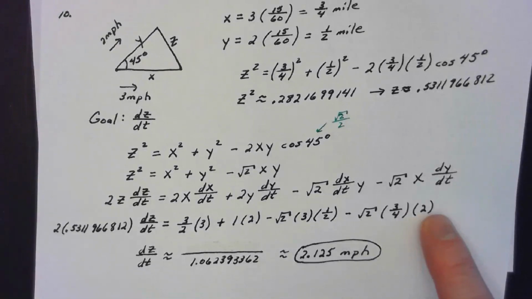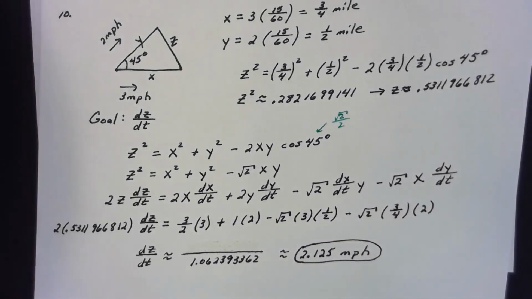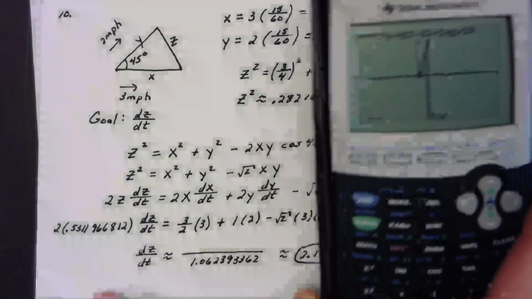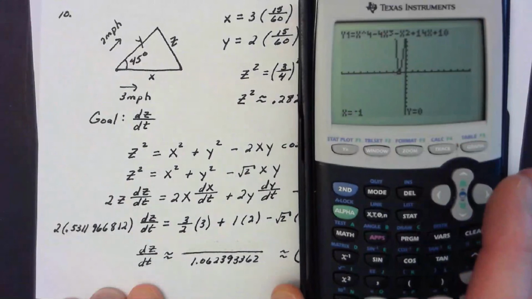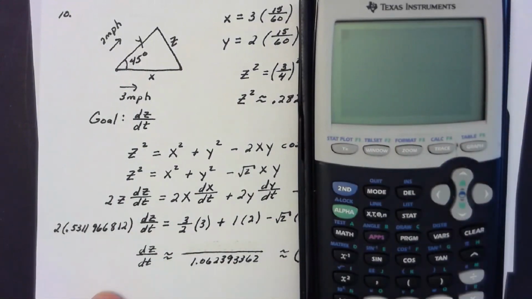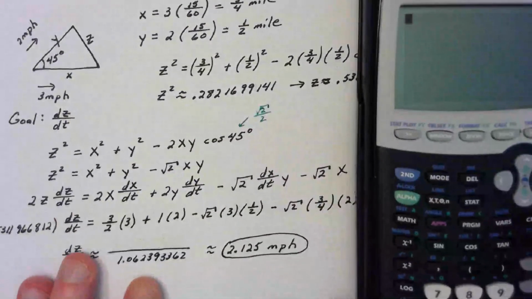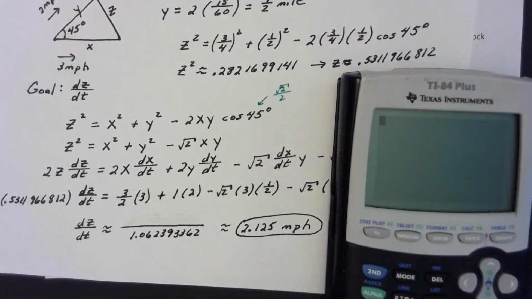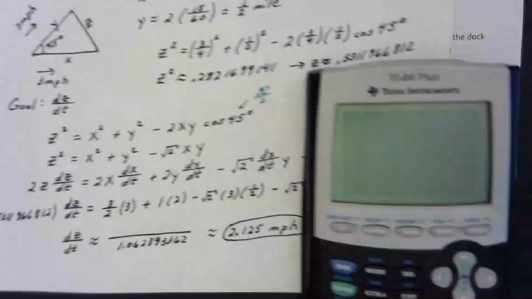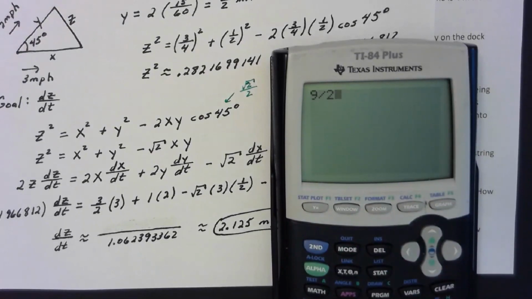So now I can say dz/dt, and it looks like I forgot to correct a mistake I'd made in that numerator, so I'd cleared it out. Let me do that numerator here for you. That's just what I had on the right-hand side. So I would say 3 over 2 times 3, which is just going to be 9 over 2.